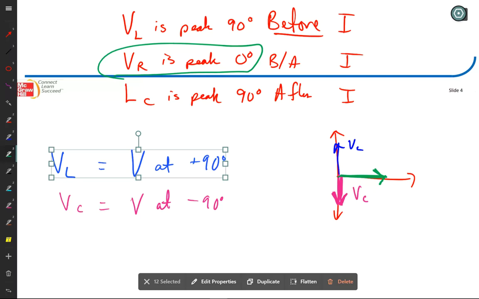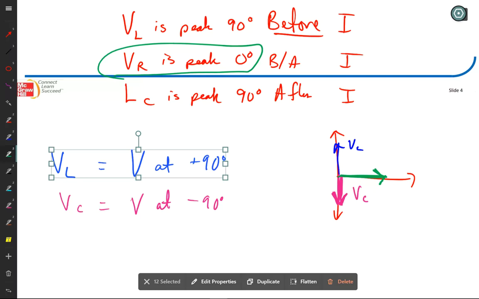But if you wait a little bit so it's tilted, the voltage across the resistor will drop, the voltage across the capacitor is becoming positive, and the voltage across the inductor is becoming negative, because you're taking the horizontal aspect. So what you measure with a meter is just measuring the horizontal aspect of these, and it's rotating in a circle. Does that make sense?